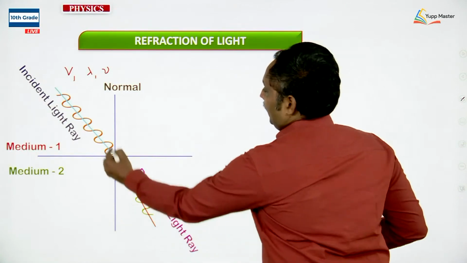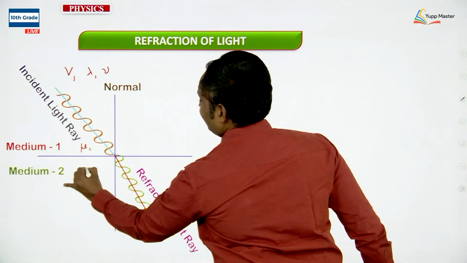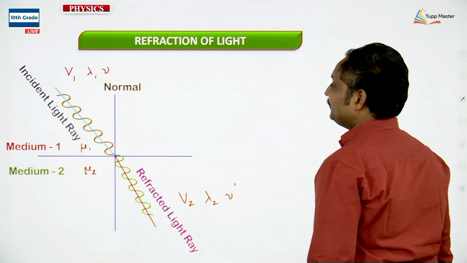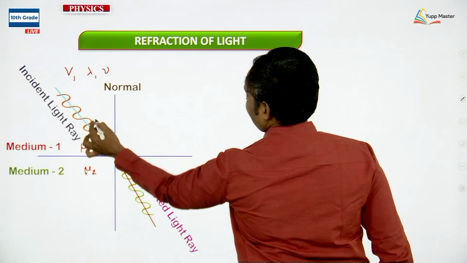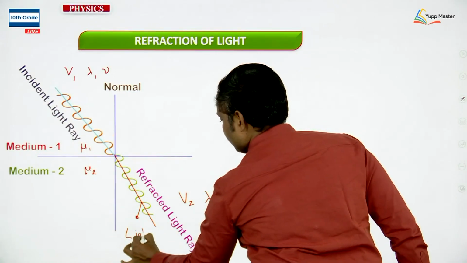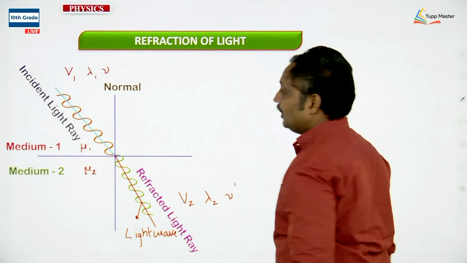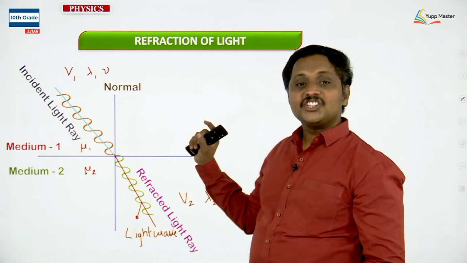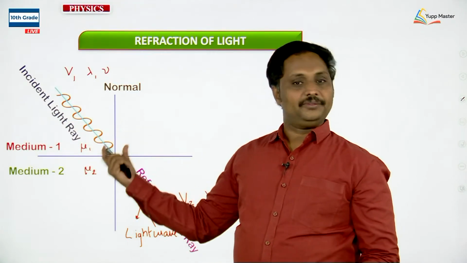You know very well about mu 1 and mu 2. This is a light wave. From one medium to another medium, there exists a change in its wavelength, and the frequency doesn't change, no doubt at all.